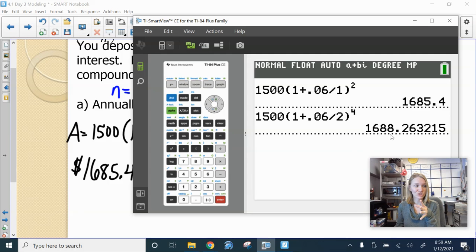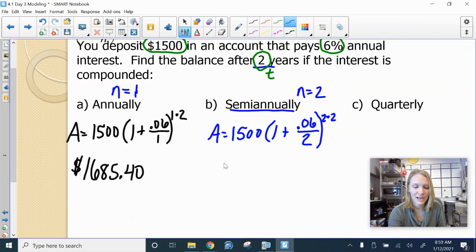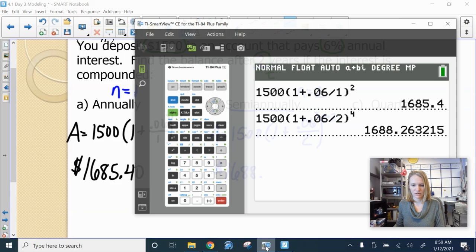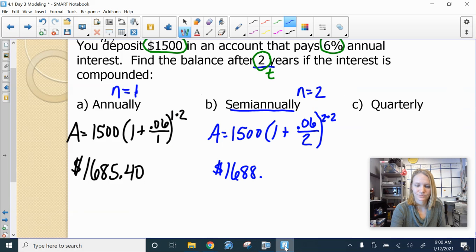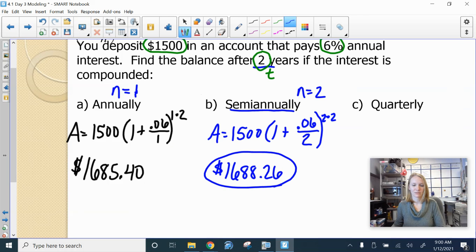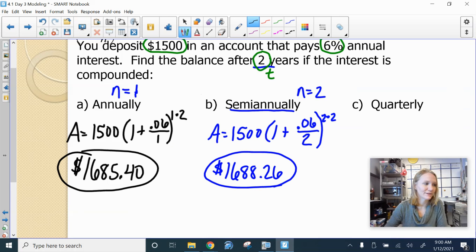It's not much of a change, but now we get 1,688.26. So by compounding twice per year instead of once per year, we've gotten a little bit more money out of the bank. We got an extra $3. Not much, but a little bit.